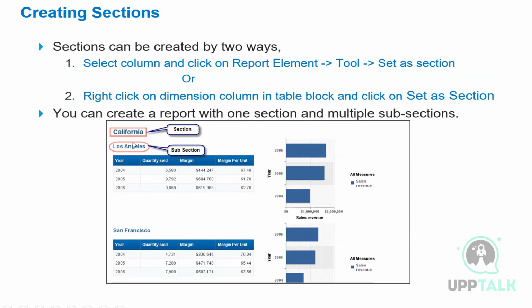Until we get all the states, California will be the main section and these are the subsections. Once all these subsections are completed, we will have one more country, maybe New York or some other. Based on that, the subsections, the states from that country, will be displayed after displaying New York and all. So it is about sections.